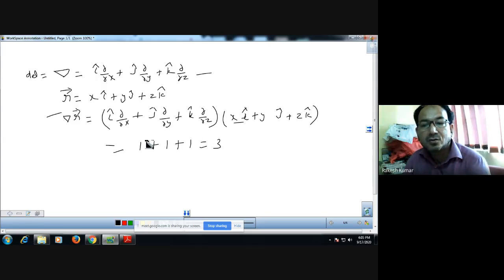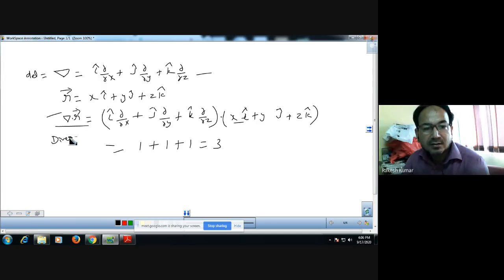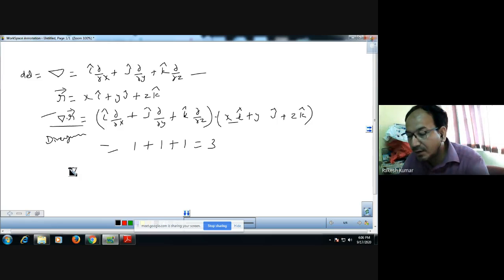This comes out to be 3, and this is the case of a dot product, not a vector. Remember, this is the divergence, not gradient, and gradient will be of a scalar quantity always, not of a vector quantity.